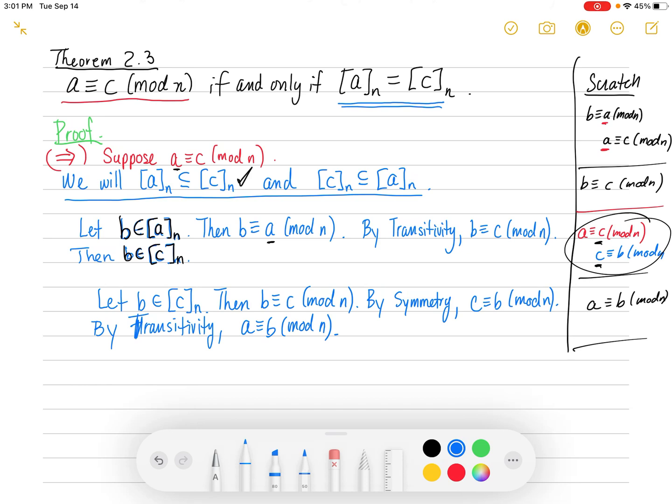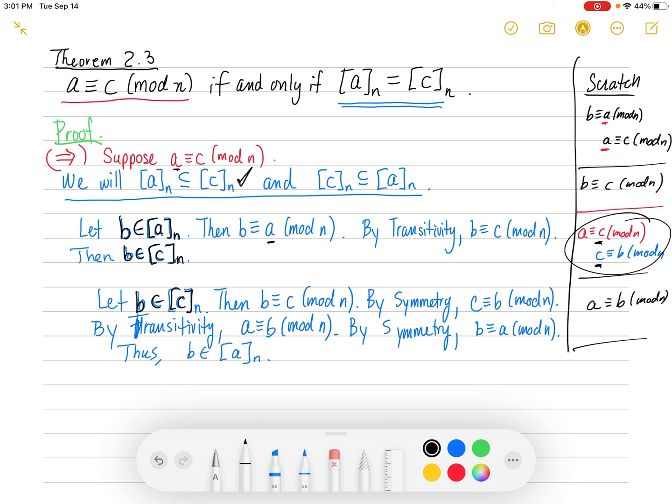Well, what does that mean? That means that we can use symmetry again. By symmetry, we can flip the A and the B, and we get B is congruent to A mod n. And what does that mean? That tells us, thus, B is an element of the congruence class of A mod n.